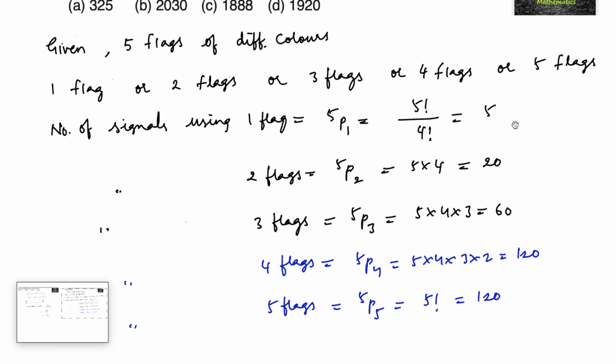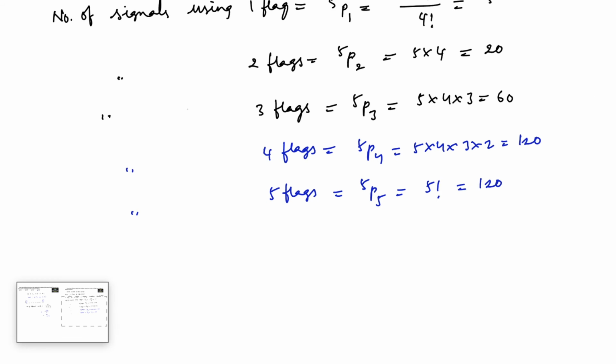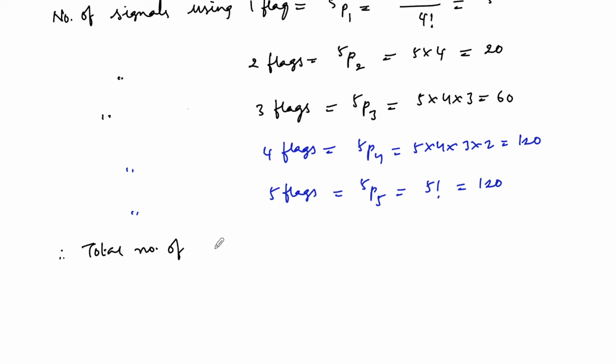Since there is a choice either one flag or two flags or three flags or 4 flags or 5 flags, by addition principle we can give the answer. Therefore total number of different signals using any number of flags is equal to 5 plus 20 plus 60 plus 120 plus 120.